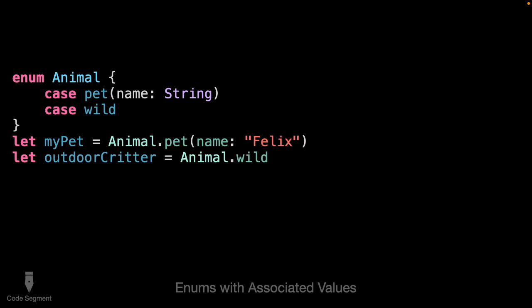Enums with associated values. You can pass values in with specific cases of enums when you assign them. When you define an enum case, you can select to have an associated type. And when you do that, that means if you ever need to assign something to be that case, you are required to pass in the associated type for it, which means that you can store and propagate data.